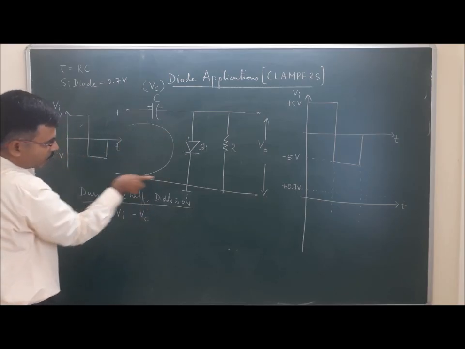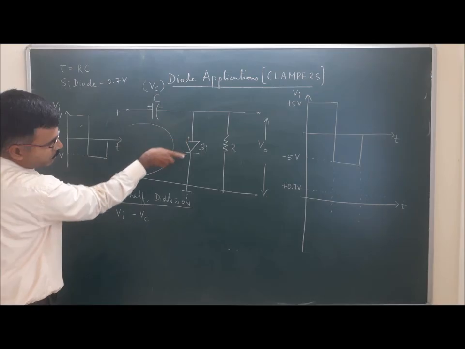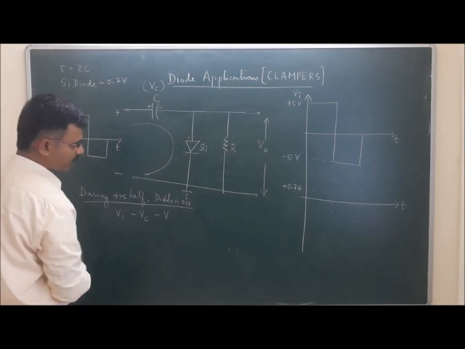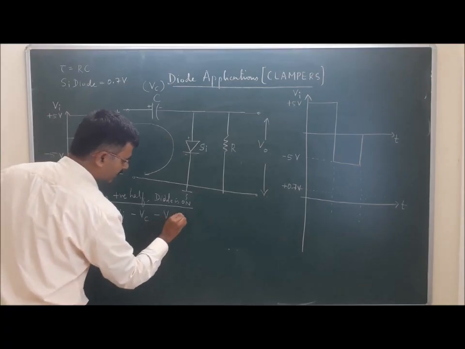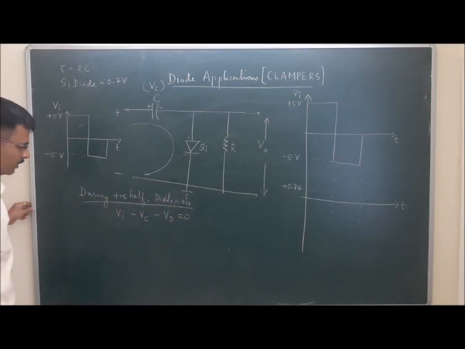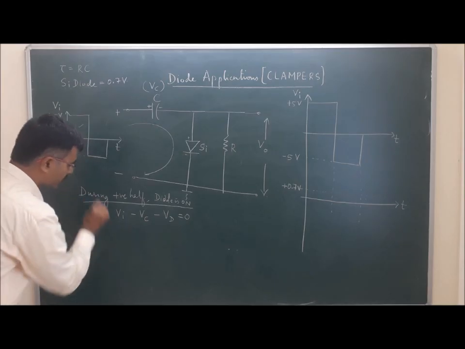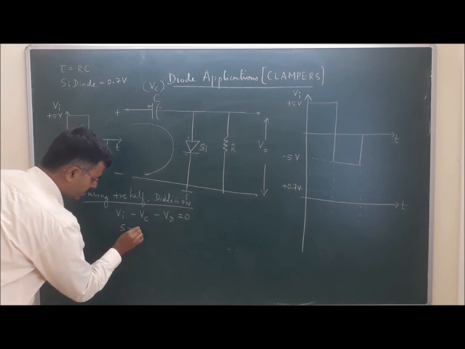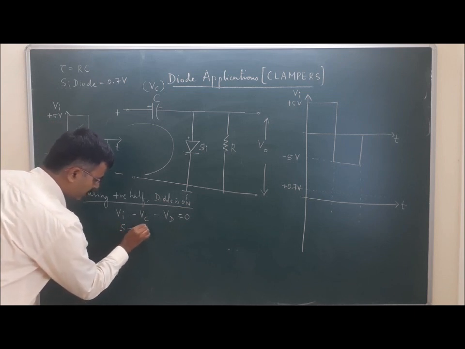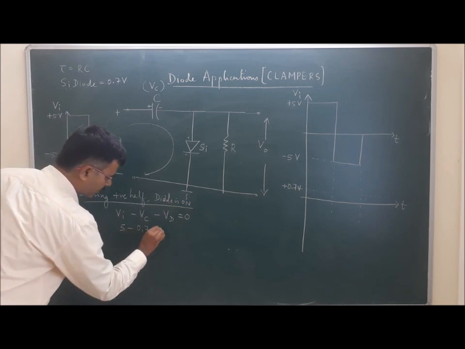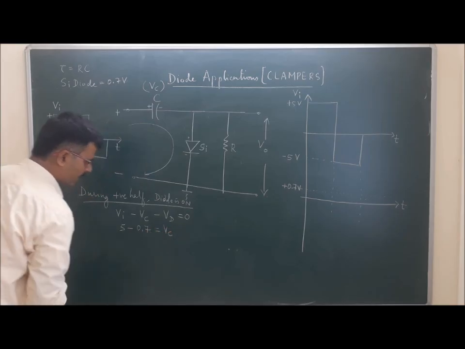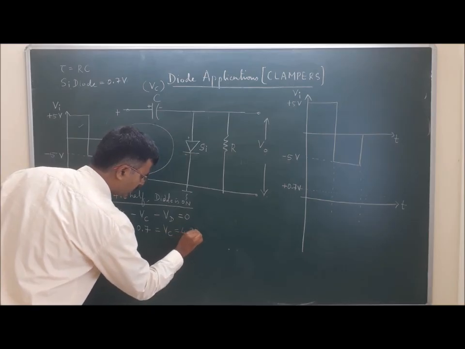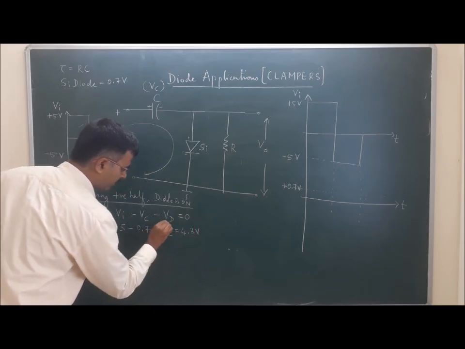Then again, in the form of a loop, I am moving from positive to negative, so minus the voltage across the diode is equal to 0. So what is the input? Input is plus 5 volts minus the drop of 0.7 volts is equal to VC. So what is VC? VC is 4.3 volts.